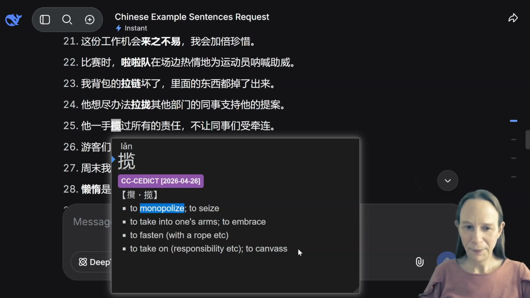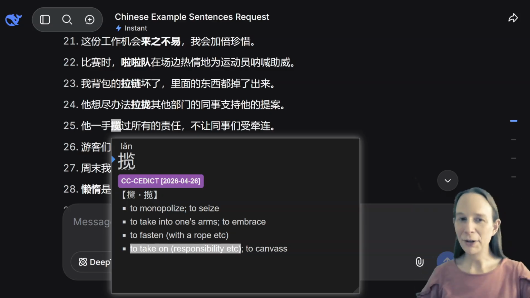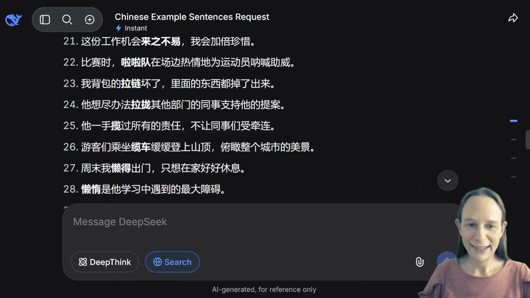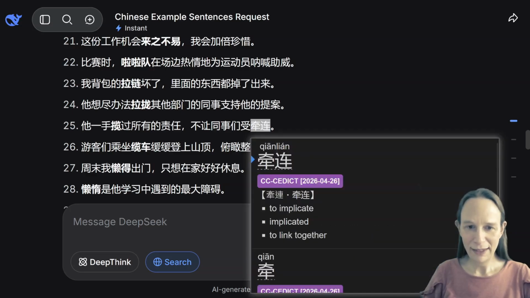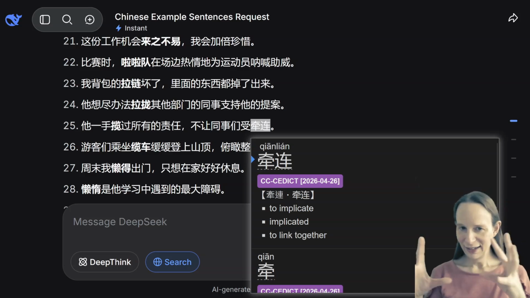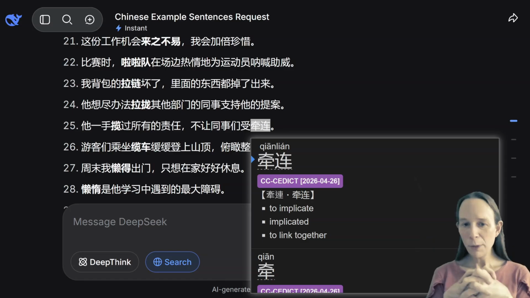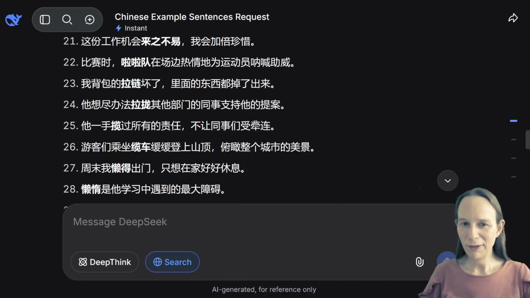You're taking it on, like, you know what, I'm doing it all. 揽所有的责任 and not 牵连. 不让同事们受牵连, so don't get your colleagues involved. This is kind of roped in. 揽. All right, let's look it up in the dictionary.